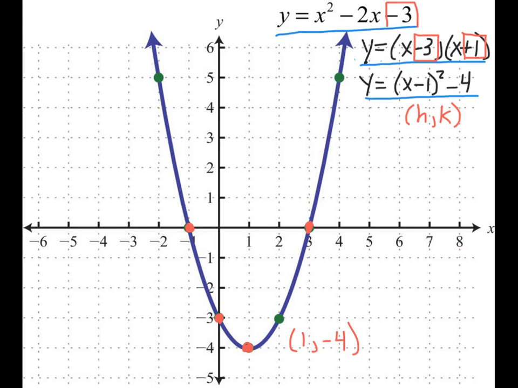In other words, if I were to cut this quadratic in half, and it would be symmetric, you can see that it would be along this line right here. And that's our line of symmetry. And I can go ahead and draw that.